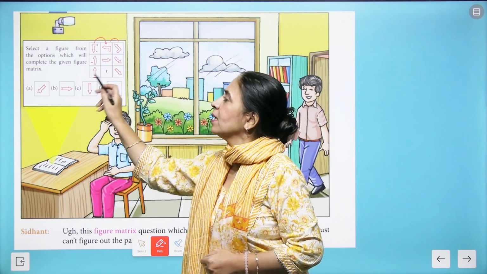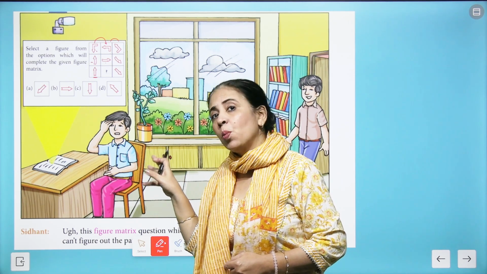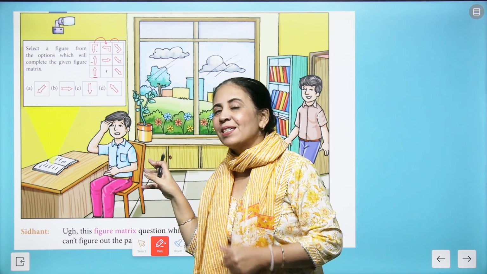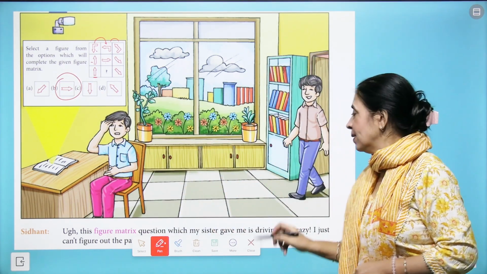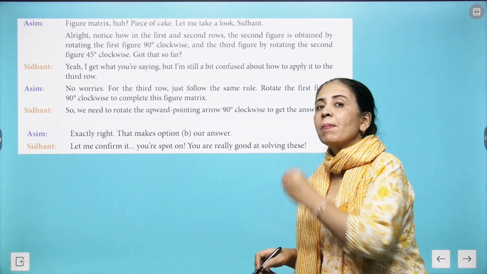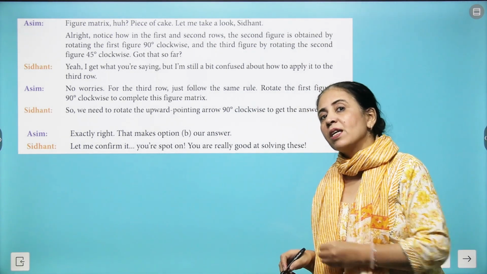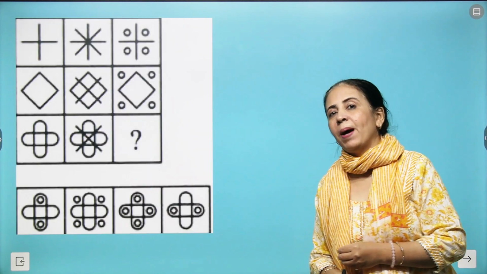So let's take this figure now, and it is turned by 90 degrees. Which answer will you get? Perfectly answered. We get B as the right option. In the same way, Asim and Siddharth had a conversation, and Siddhant got the right answer by the discussion.